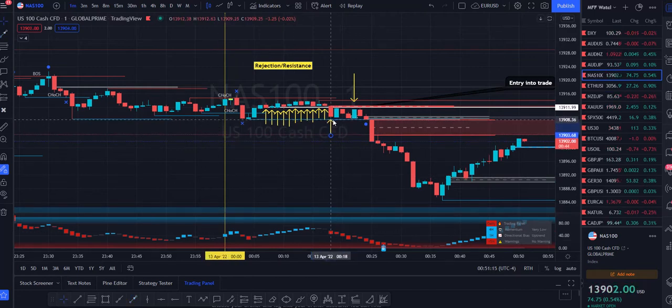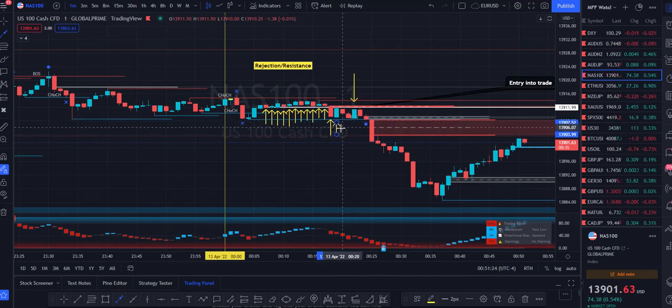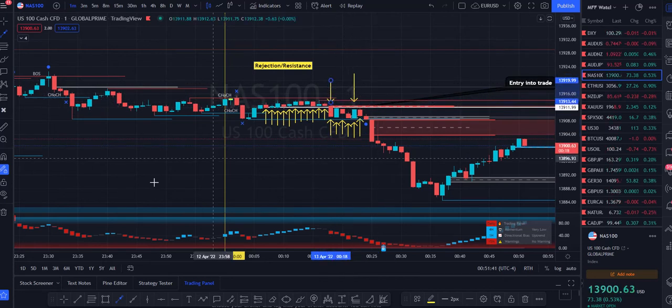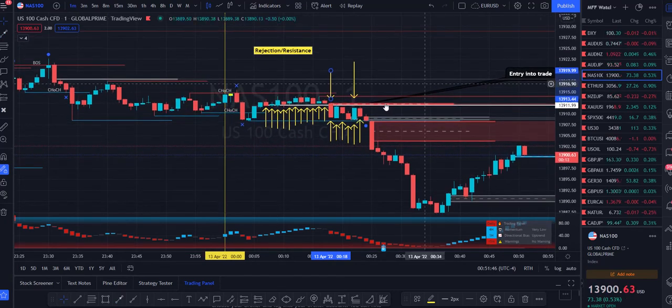There's another candle right here. One right here. One right here. One right there. One right here. And then you see, by this candle right here, it started to form this little area, this little red fair value gap right there.